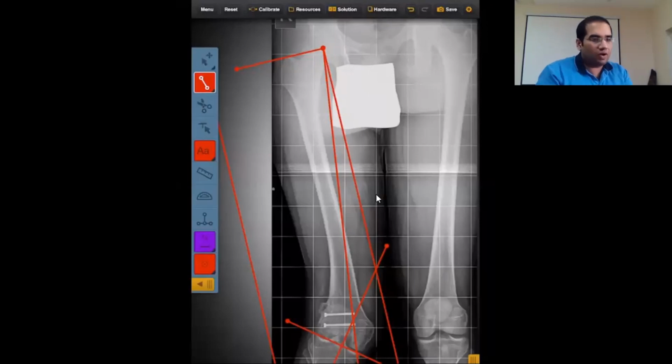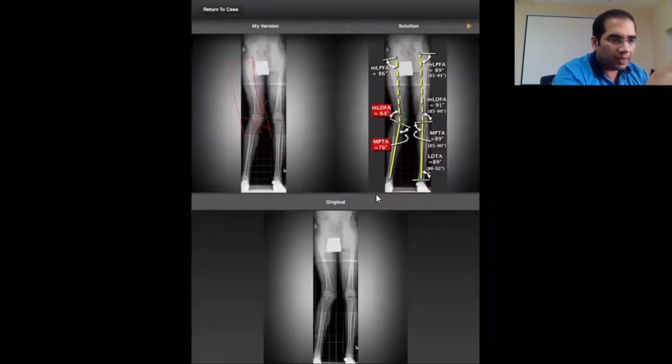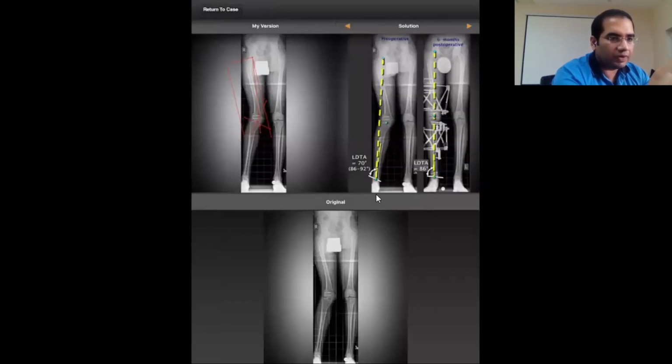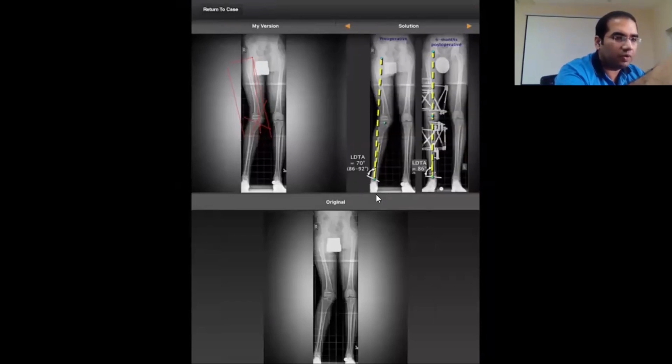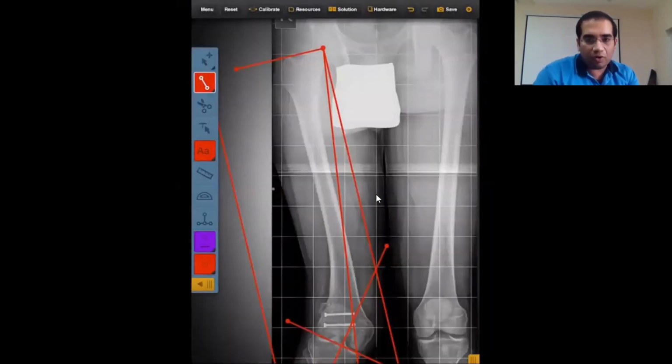This is a case of a multi-apical deformity, which we will cover in our subsequent sections, as you can see over here.